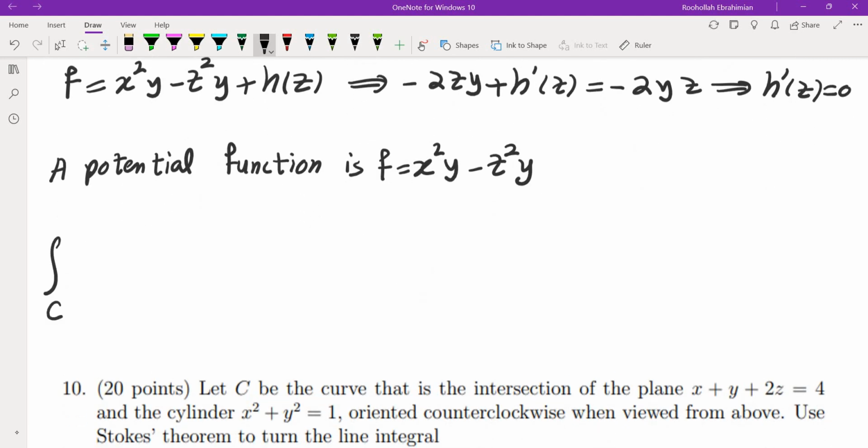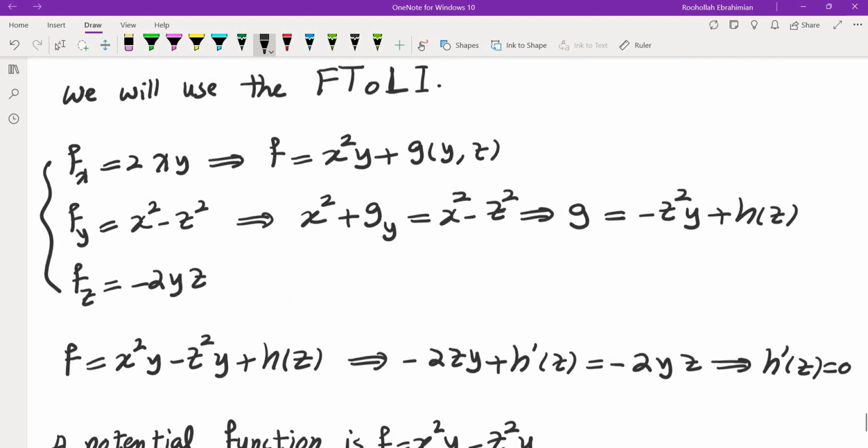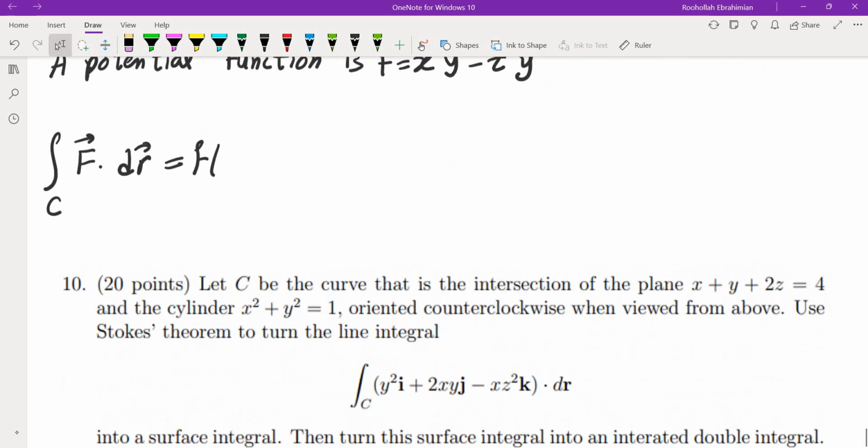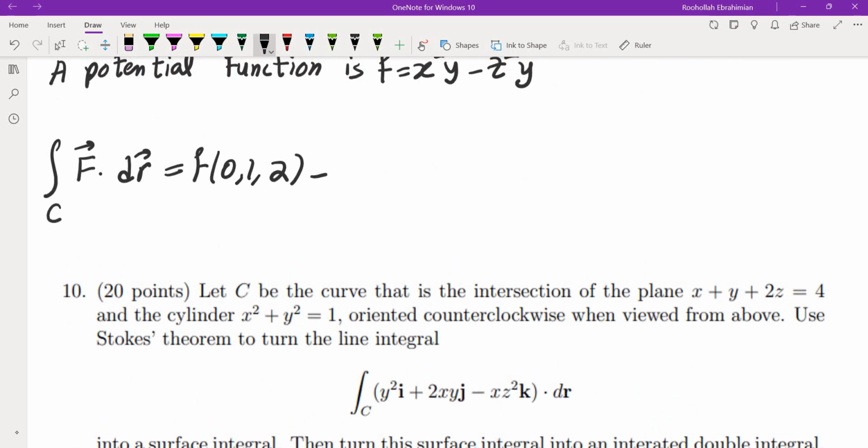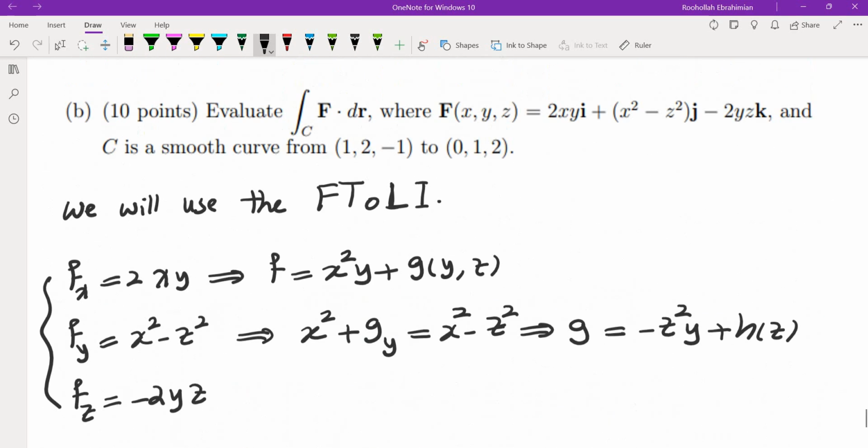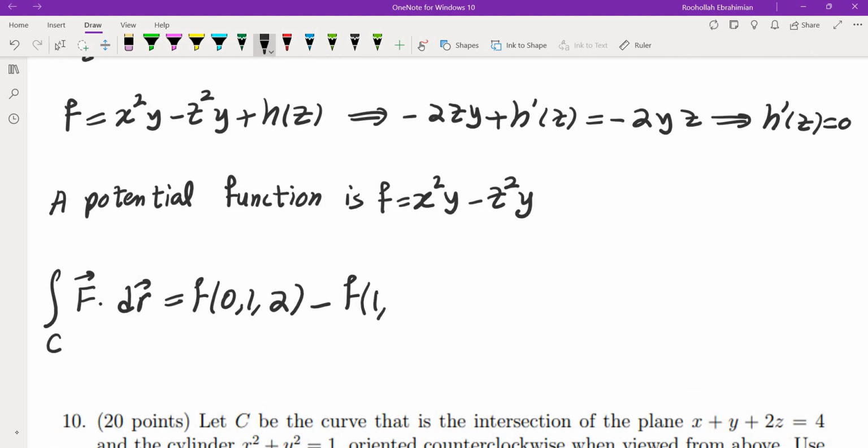So the line integral of f dot dr is going to be f of the terminal point, which is (0, 1, 2), minus f of the initial point, which is (1, 2, negative 1). And then we plug it in there.